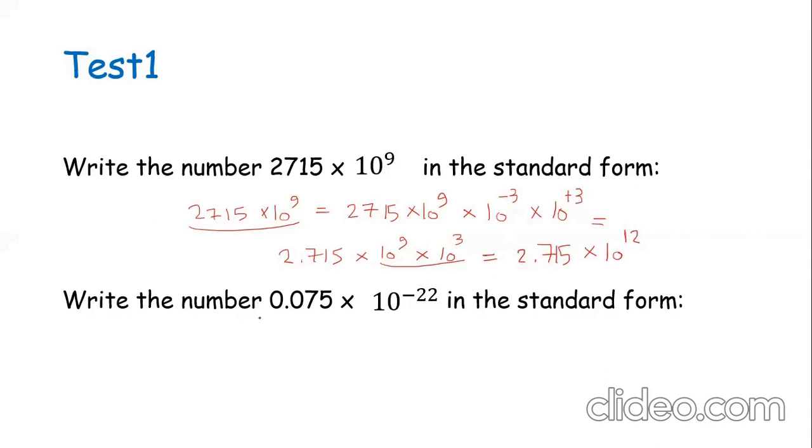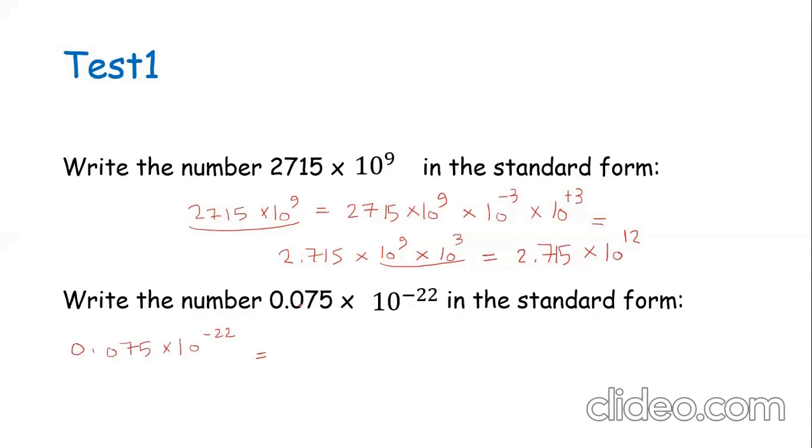Another example. Write the number 0.075 multiplied by 10 to the power of minus 22 in the standard form. In this case, again, we take the given number as it is, and we see what we are going to do.